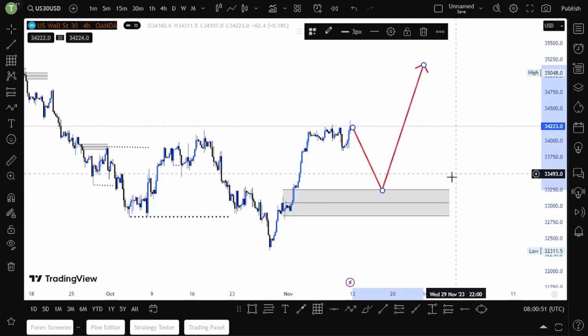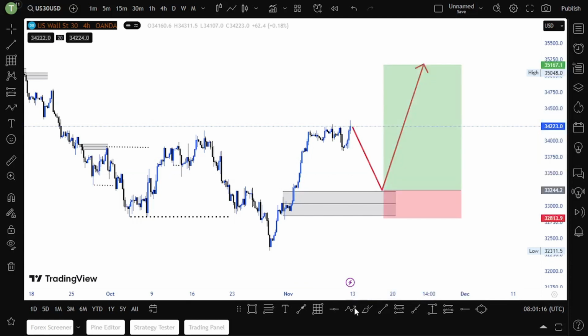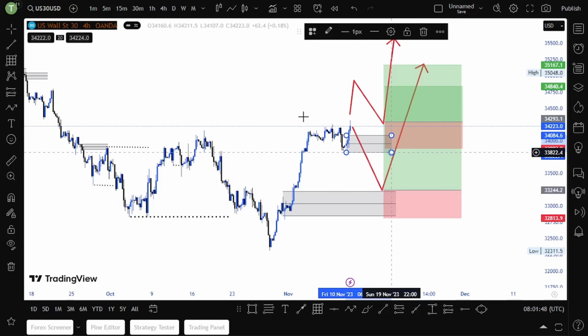Or if we get a break of structure to the upside, we wait for a pullback, and then we enter our buys. That is my view on US30, guys. I don't have too much on US30. These are the two scenarios I have. Once we break out to the upside, I'll be waiting for price to pull back, and then we buy at the demand zone.